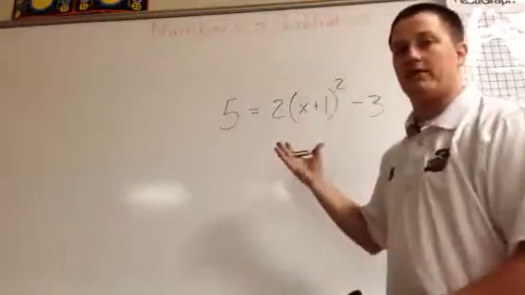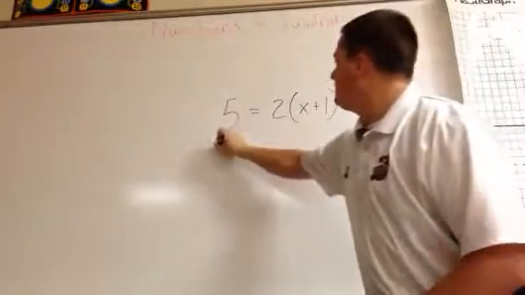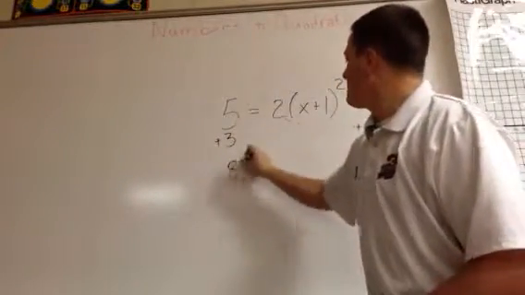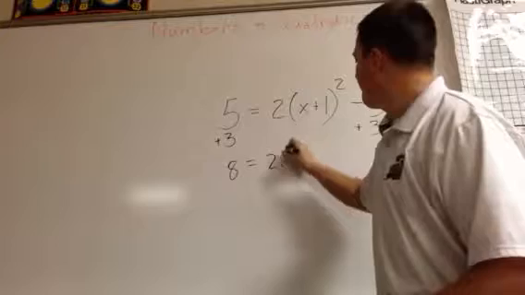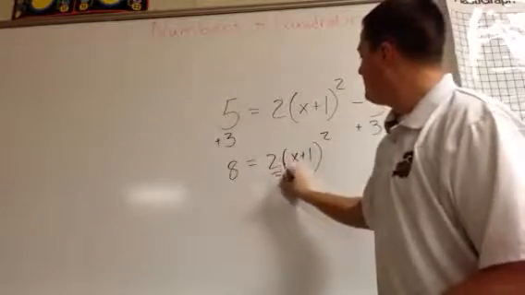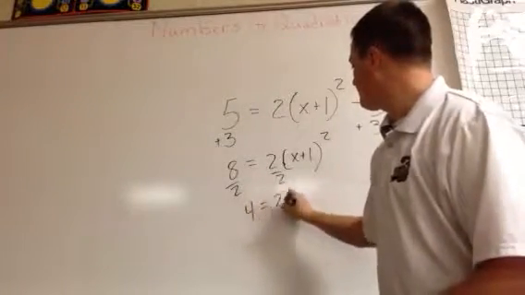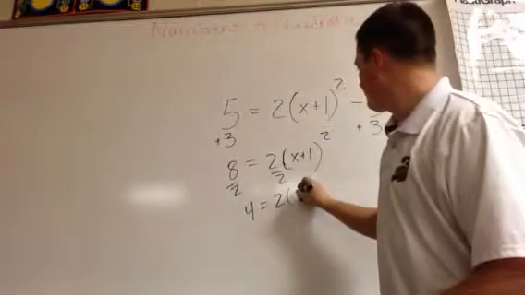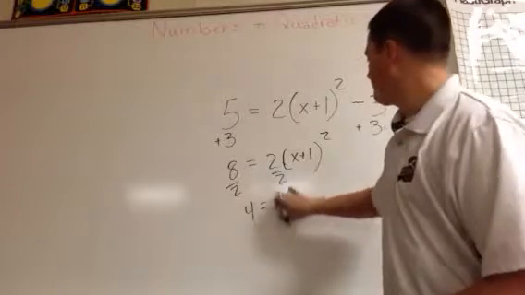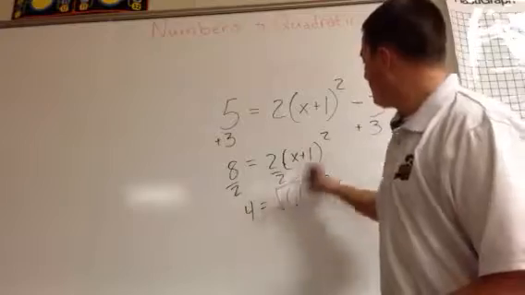This right here will come out to be rational. We add 3 to both sides. We divide by 2. We square root both sides.